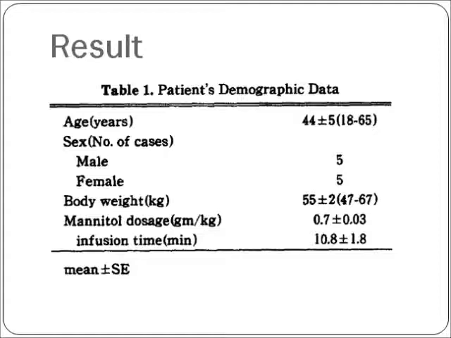Mannitol was administered at a rate of 0.7 gram per kilogram over 10 minutes, and furosemide was instilled 0.1 milligram per kilogram 5 minutes after administration of mannitol.